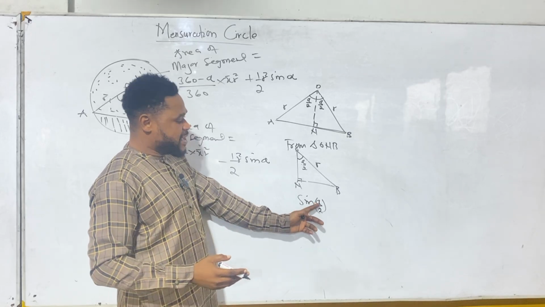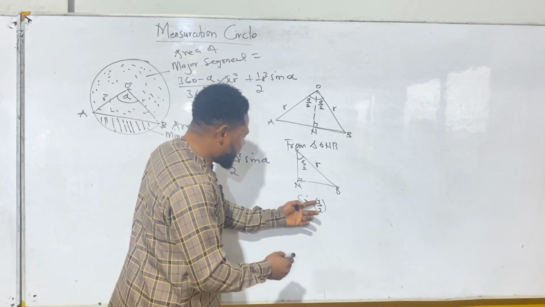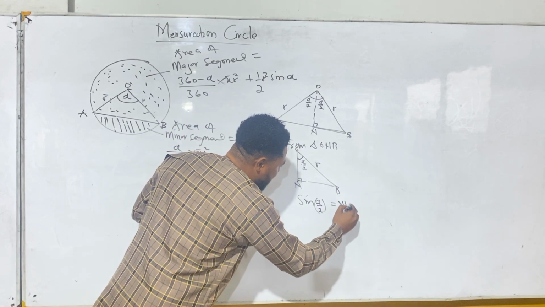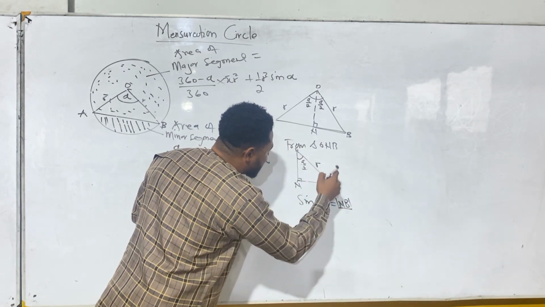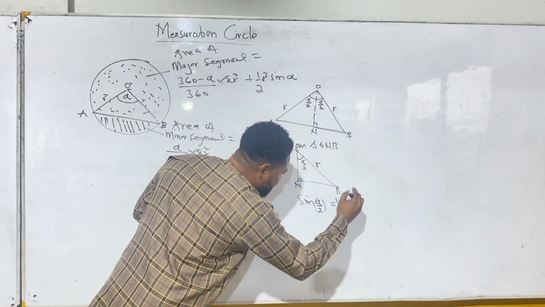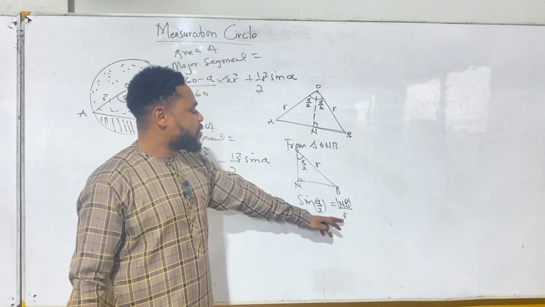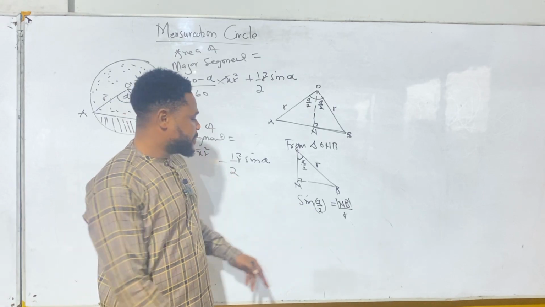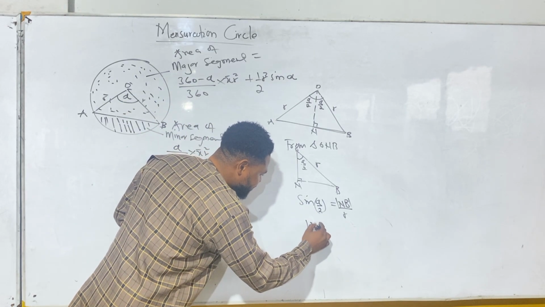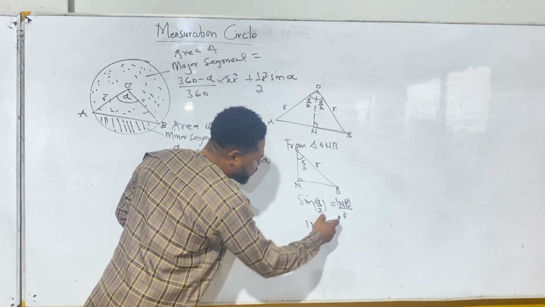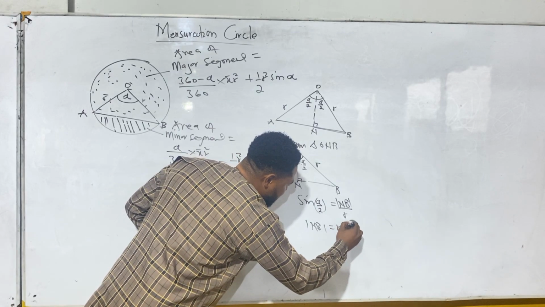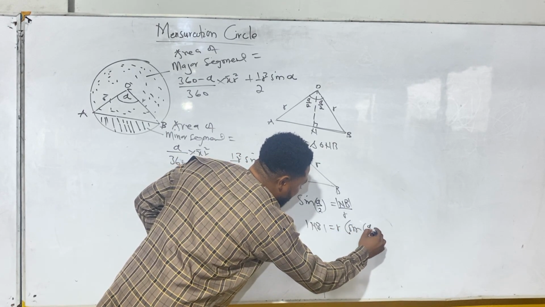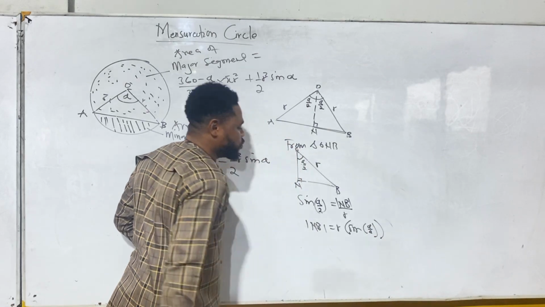And in a question, this will be a number. So sine of alpha divided by 2 is equal to opposite, which is our NB, over our hypotenuse. Then we use our radius to multiply this. So our NB will be equal to R multiplying sine of alpha divided by 2.